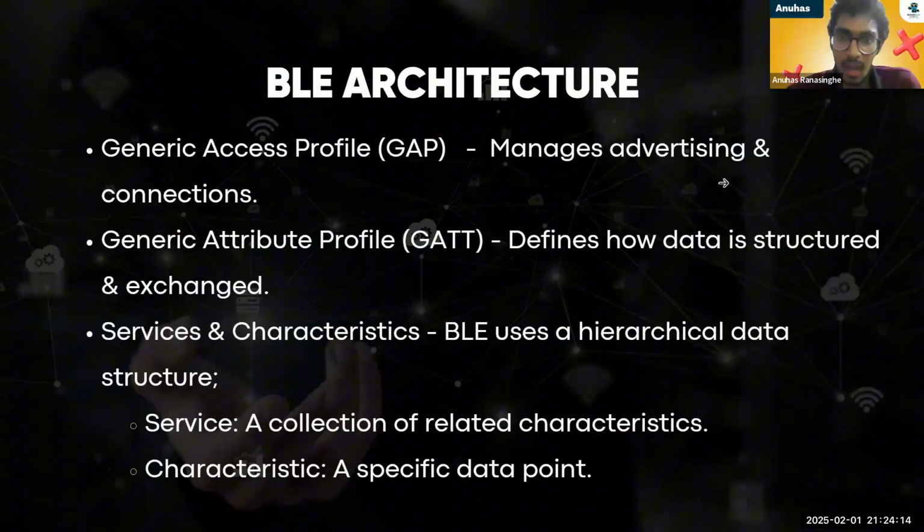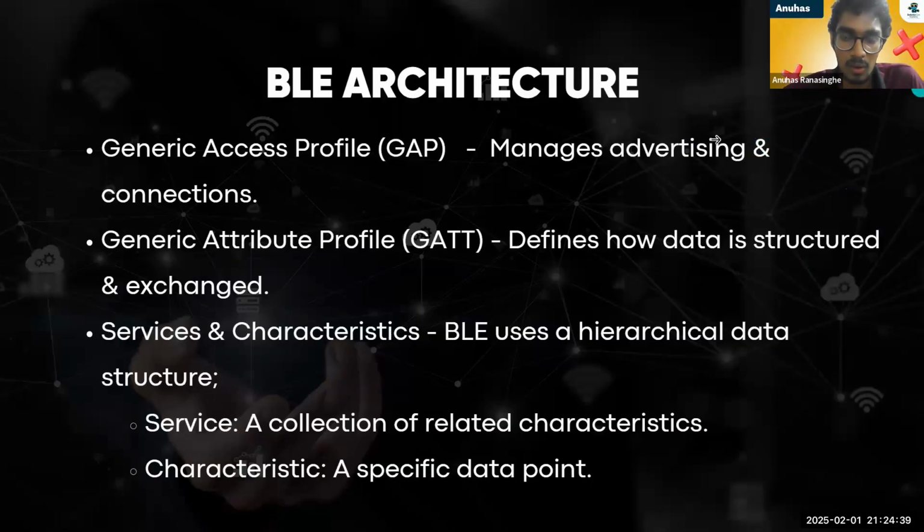There are BLE architectures that we use in BLE communication. Actually, this is not that much needed when you are starting out coding with ESP32 using MicroPython to implement BLE in your project. But if you are trying to add more advanced features to your project, you need to know about those things.